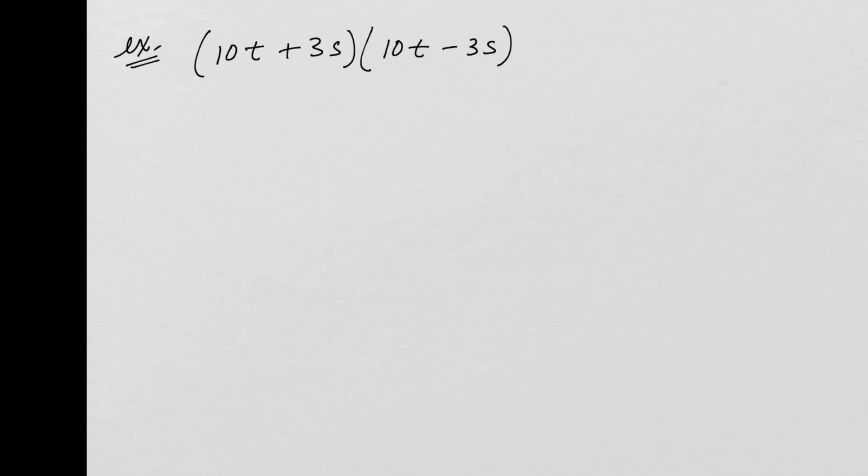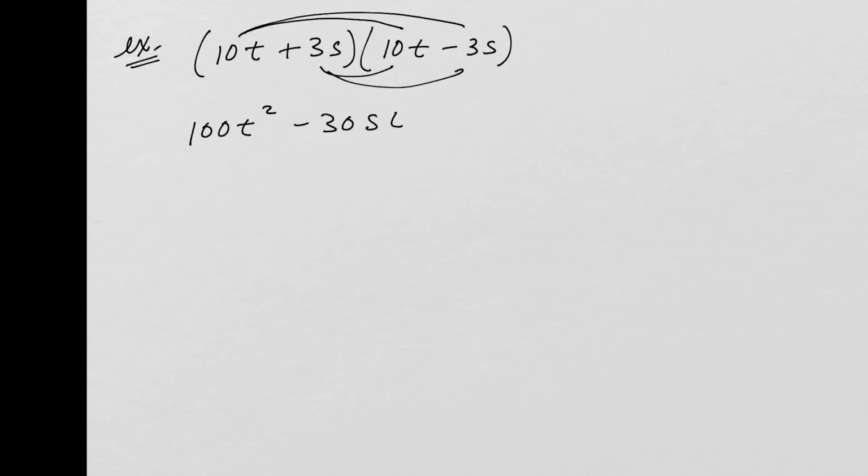If you didn't see that, you could always FOIL it out like you normally would, multiply it out like you would in general. So 10t times 10t is 100t squared. 10t times negative 3s is negative 30st, I'll write it as st, just alphabetical order. 3s times 10t is plus 30st. And then 3s times negative 3s is negative 9s squared.